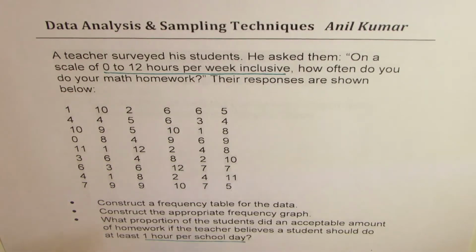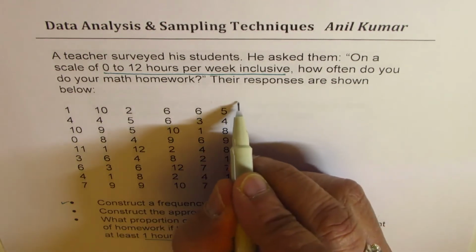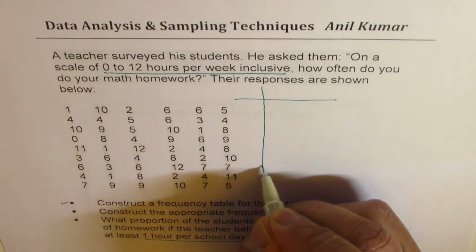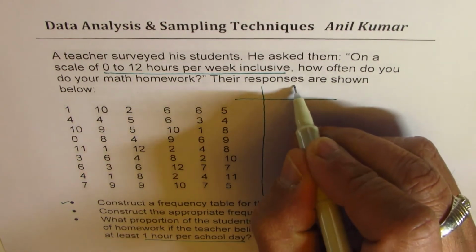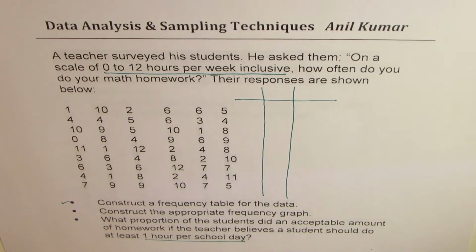Now, whenever we have raw data, it is good practice to make a tally chart and then a frequency table, correct? So the first question here is construct a frequency table for the data. So that's what I'm going to do now. My method is going to be slightly different than normally done. I'm not making a tally chart. Straight away, I'll write down the frequency since the data is not that large, correct?